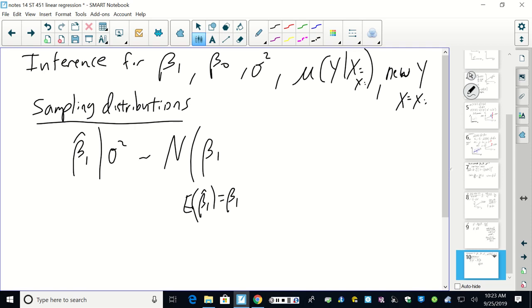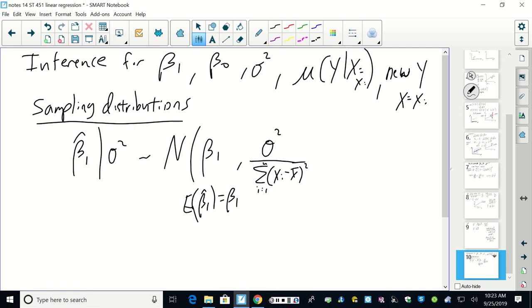The variability is related to sigma squared, but there's a sum of (x_i minus x bar) squared in the denominator, with i going from 1 to n. So it depends on the number of data points you have, and it depends on the spread of the x's.